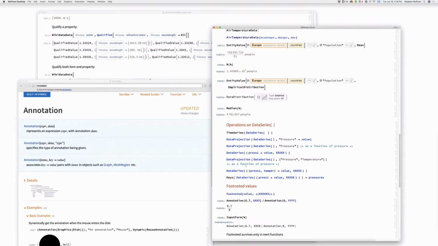Although in that case, the 2 dimensions are very spatial. Yes, so all the examples that currently return a list of qualified values would instead return a data series.